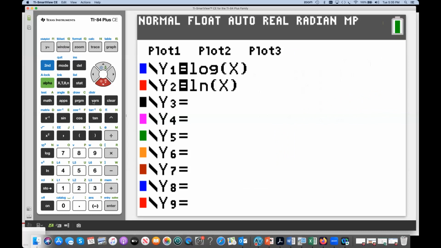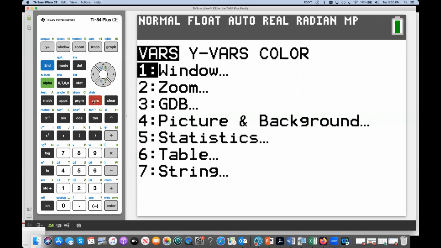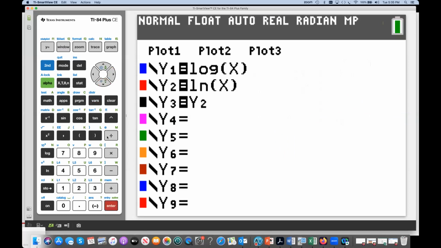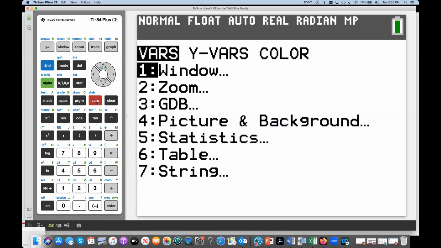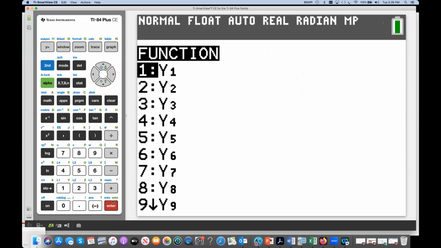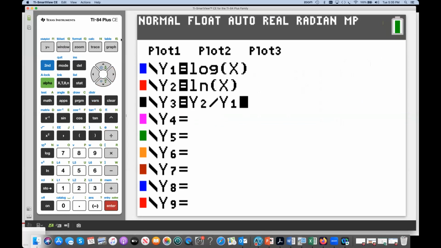So I'm going to graph the ratio of y2 to y1, y2 divided by y1. And let's take a look at the graph of the ratio. This is the ratio of the natural logarithm divided by the common logarithm. What kind of function does that look like?